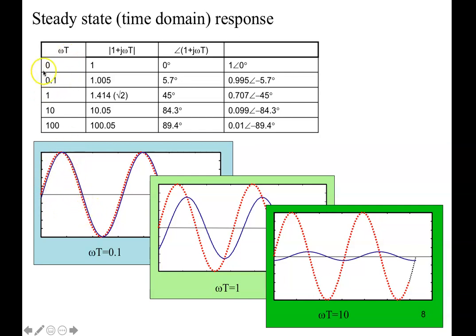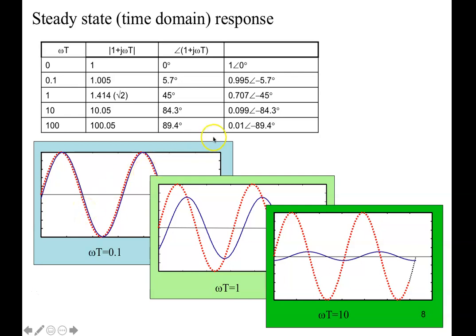At frequency 0.1, the magnitude is the AC gain of the transfer function, 0.995, so 99.5% of the input. That's why you can hardly see much difference here. The phase angle of the AC gain is minus 5.7 degrees, so there's a slight lag. It is slightly behind the input.